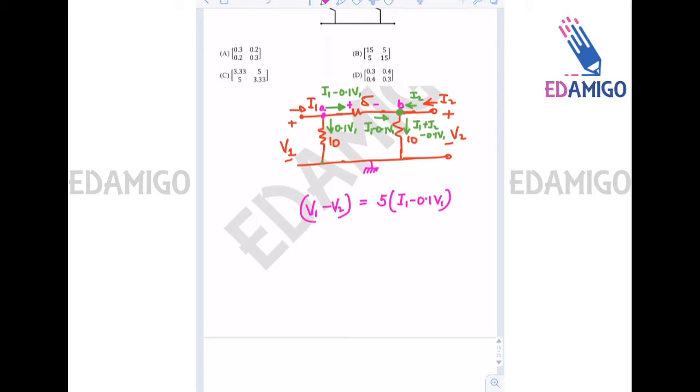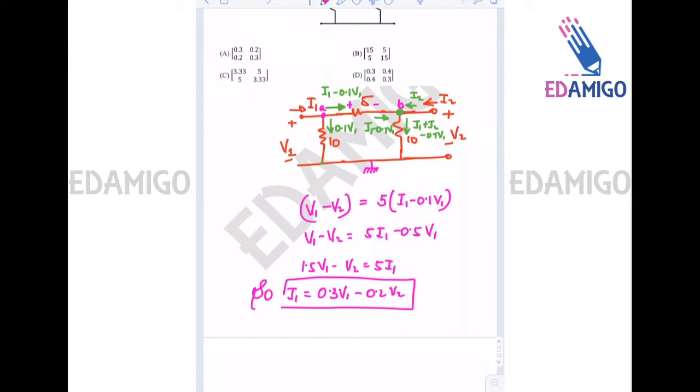So V1 minus V2 is equal to 5I1 minus 0.5 V1. So we'll get 1.5 V1 minus V2 is equal to 5I1. So I1 is equal to 0.3 V1 minus 0.2 V2. This is equation number 1.